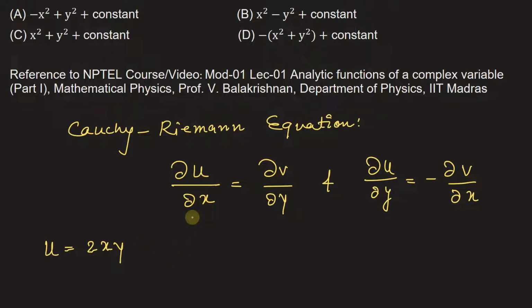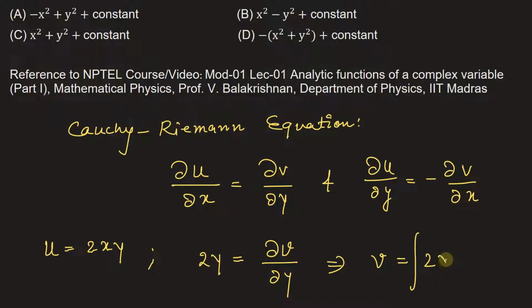So if we consider this first Cauchy-Riemann equation, from here we can write dou u by dou x, this will be equal to 2y, which is equal to dou v by dou y. Therefore, if we integrate this equation, we can write v is equal to integral 2y dy.